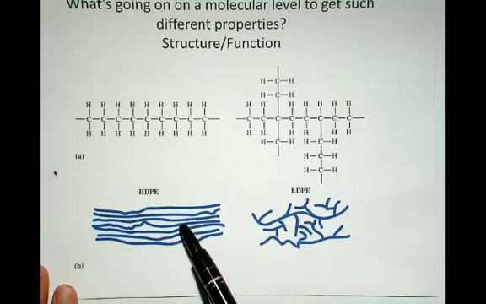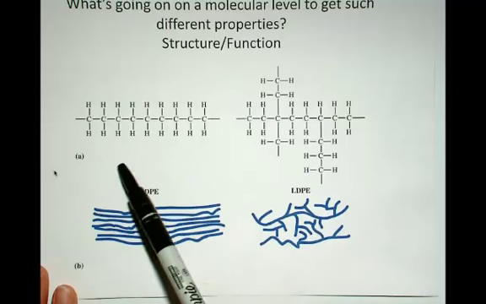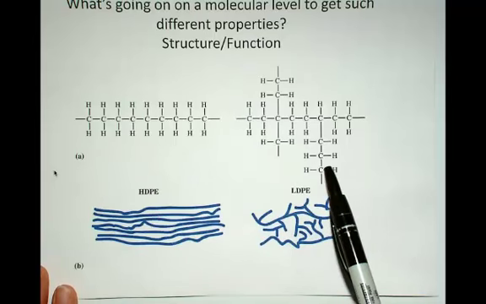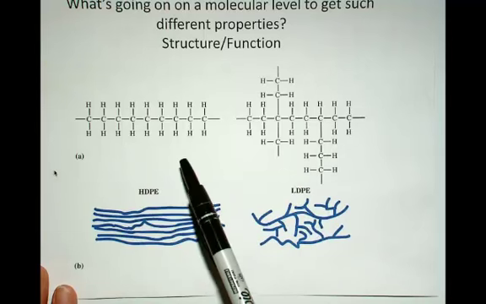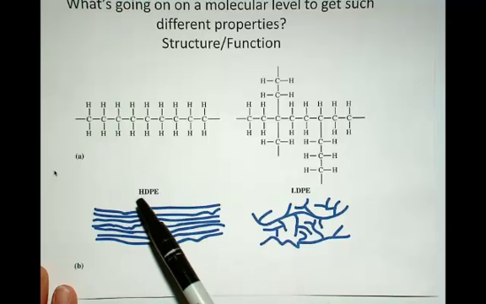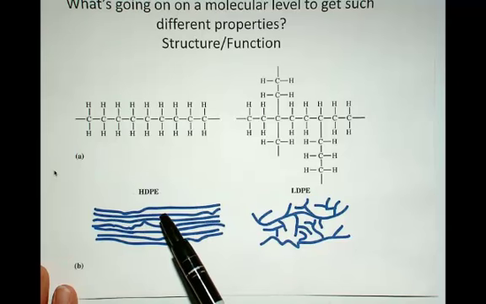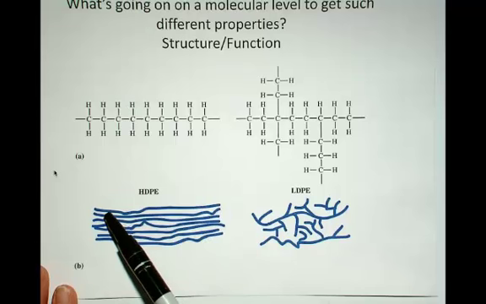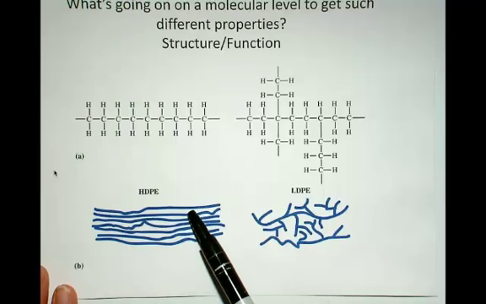All right, and since these molecules are all just saturated hydrocarbons, there's no polar ends, there's no dipole moment. The only type of forces that are holding these units together are dispersion forces. So dispersion forces are very, very dependent on distance.